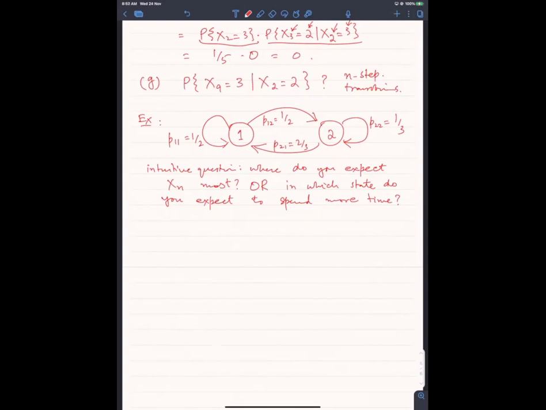Why is that? Because the probability of remaining in the same state is higher for one, has more probability. That is correct. The intuition is absolutely correct.